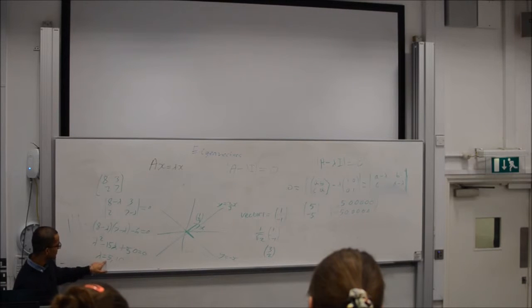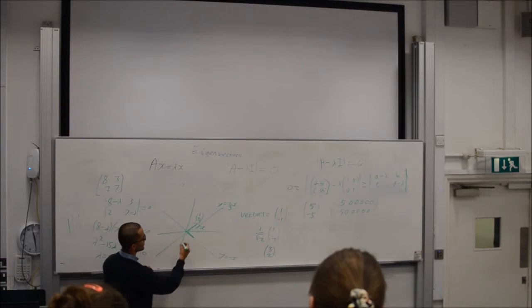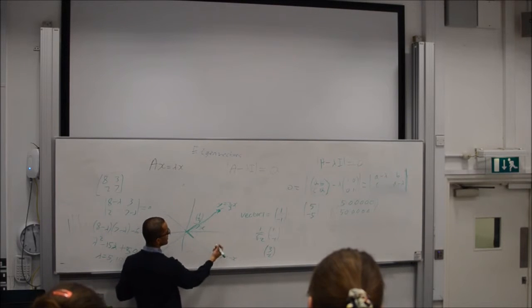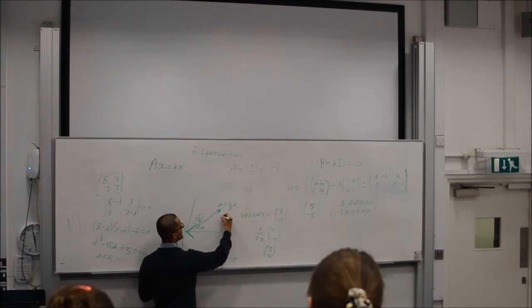In this case, because our lambda is equal to 10 for that one, the vector you get out will be 10 times bigger than the original vector. So 10 times 1, 2/3.